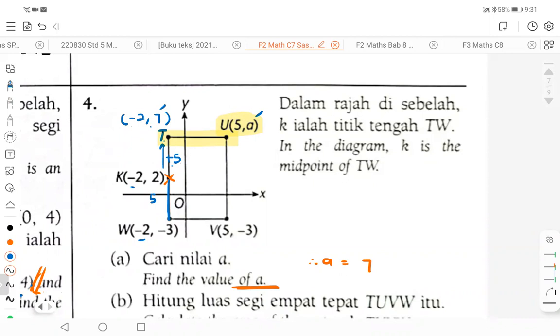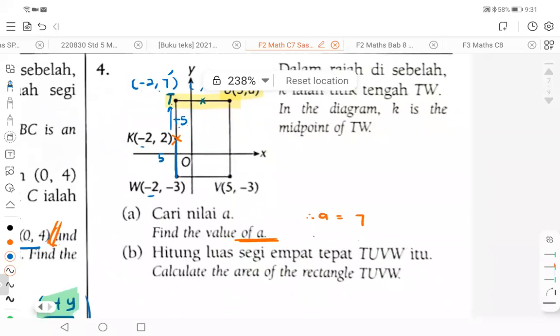If I have another point here, the y coordinate is also 7 because it's on the same horizontal line. Got it, Kai-Chen? Okay, you found A already.